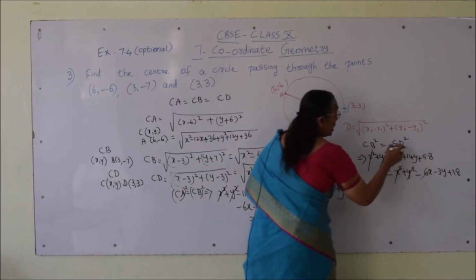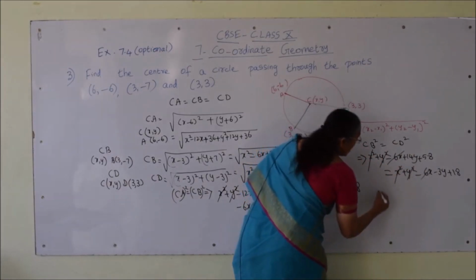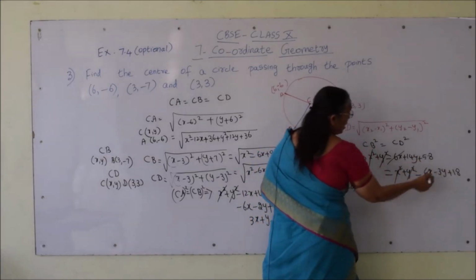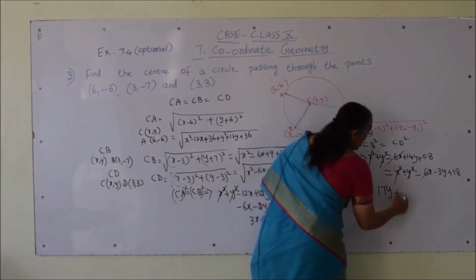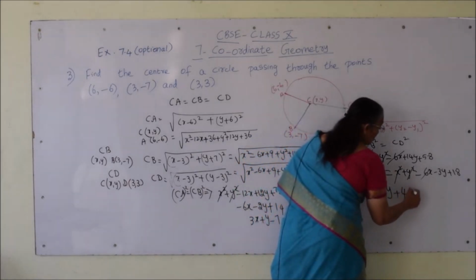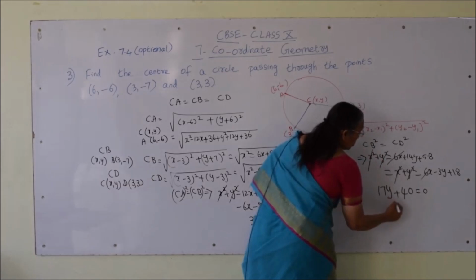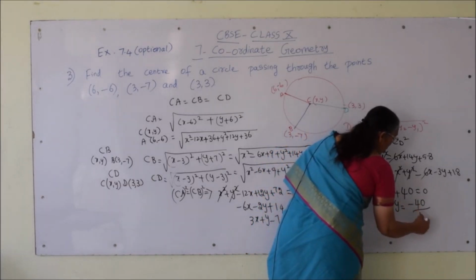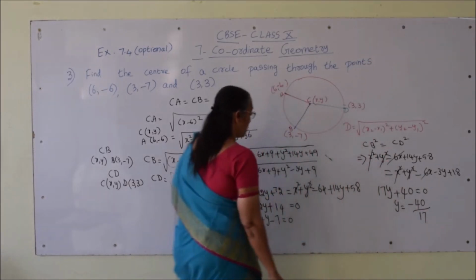So, 14y plus 3y is 17y, and here 58 minus 18 is 40, equal to 0. Otherwise the y value we are getting from this is minus 40 by 17.